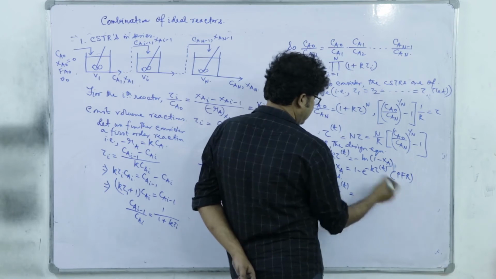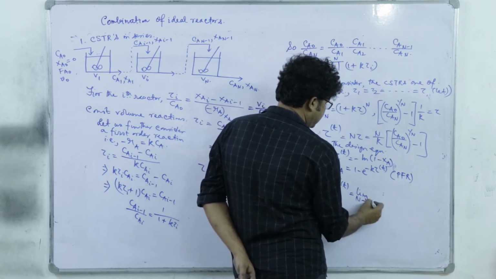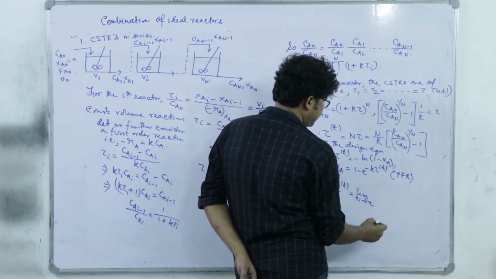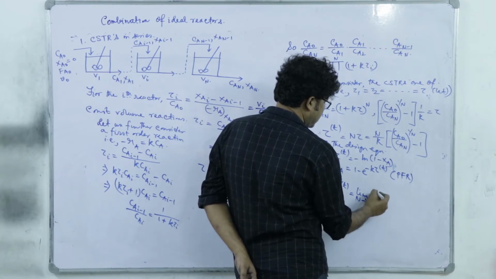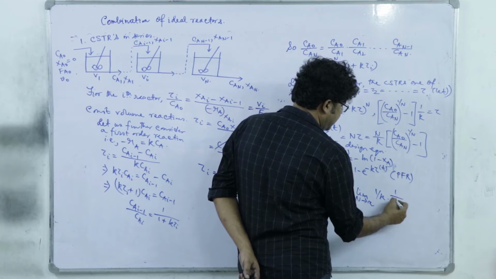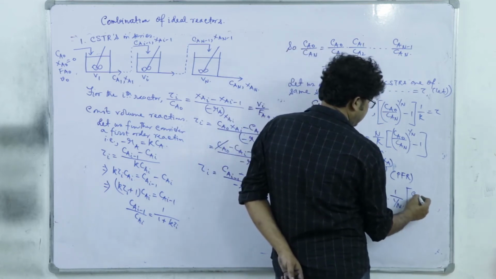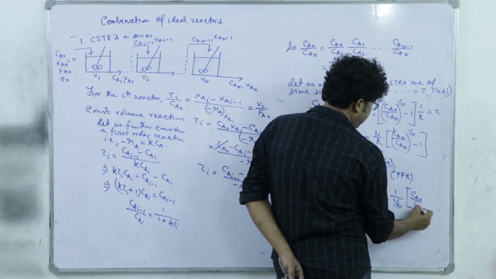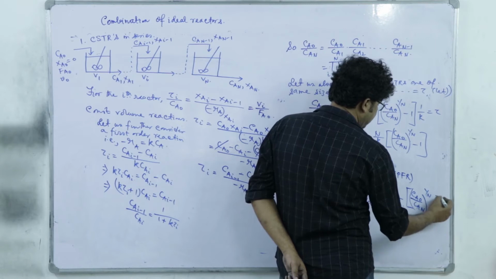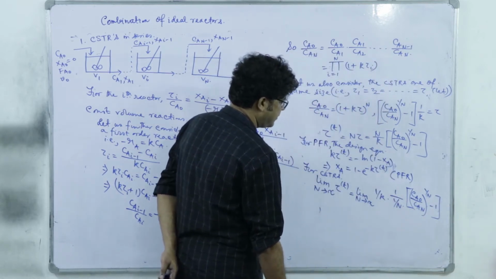This is equal to the limit n tending to infinity of 1 by k into 1 divided by 1 by n into ((Ca naught by Can) to the power 1 by n minus 1). Okay.